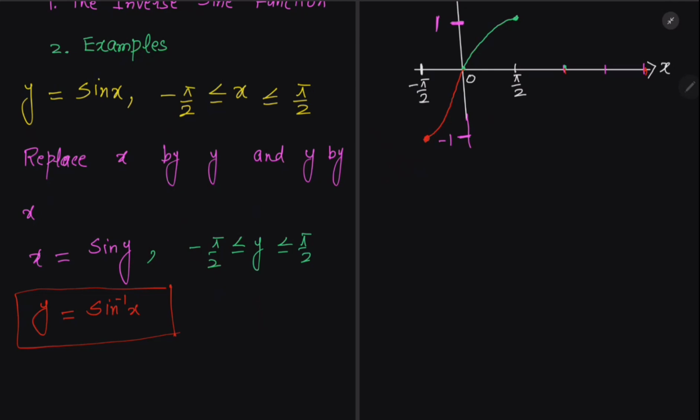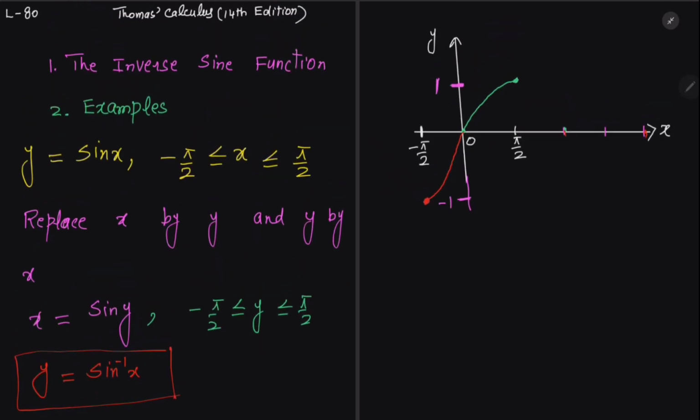Okay, let me just draw it for you so that you can better understand the function itself and the inverse function. So this is y is equal to sine x. Let me just draw y is equal to sine inverse x.